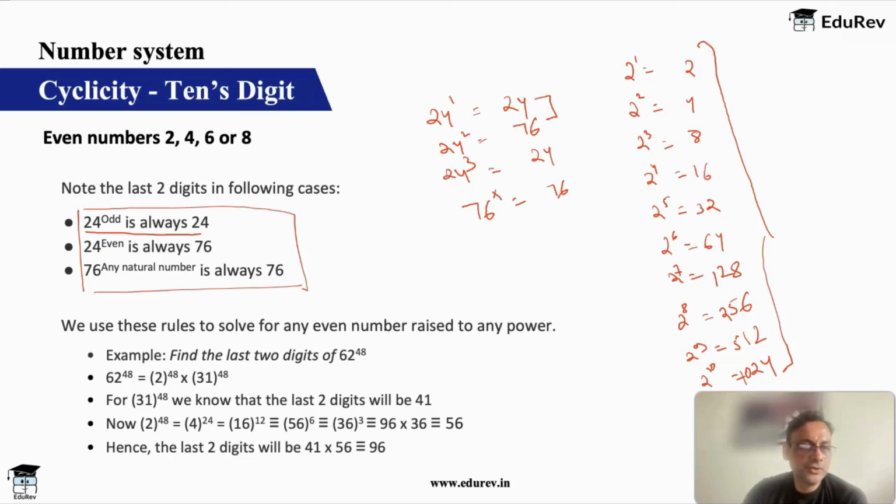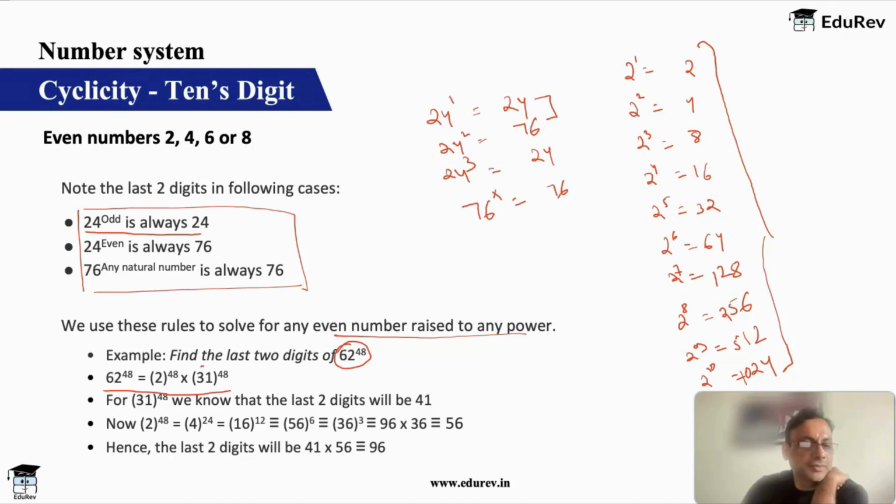We use these rules to solve for any even number raised to any power. For example, 62 to the power 48. What we do is we basically convert every even number into an odd number by taking all the powers of 2 out. So 62 to the power 48, 2 to the power 48 is taken out, and 31 to the power 48 is separate.